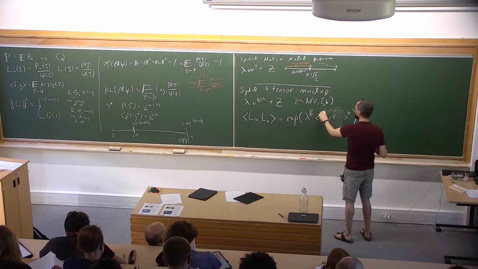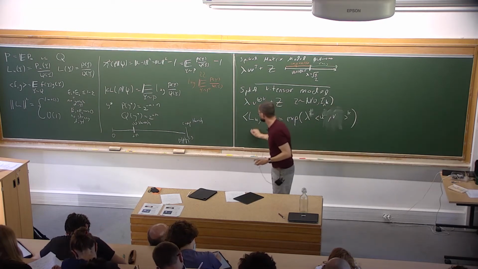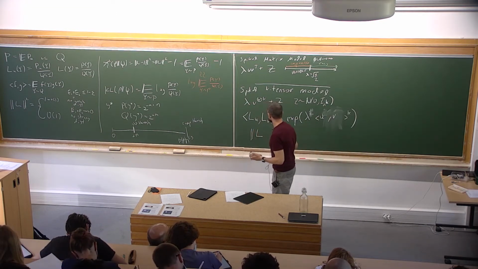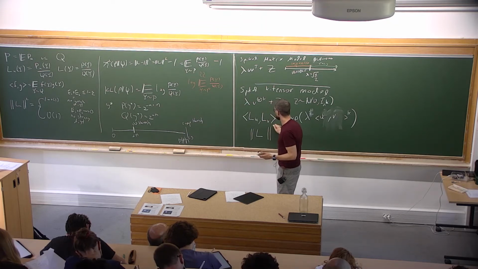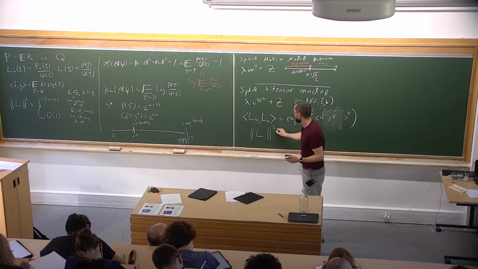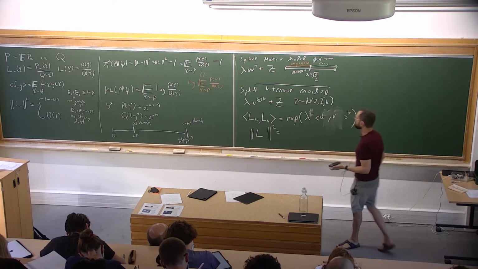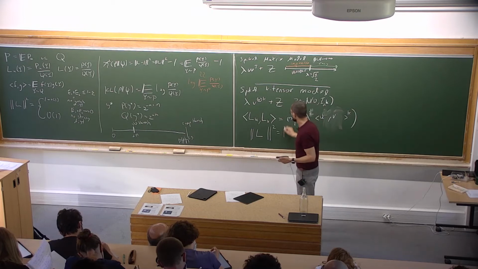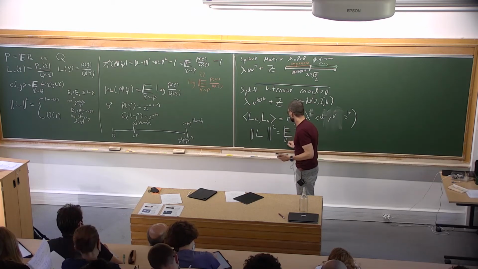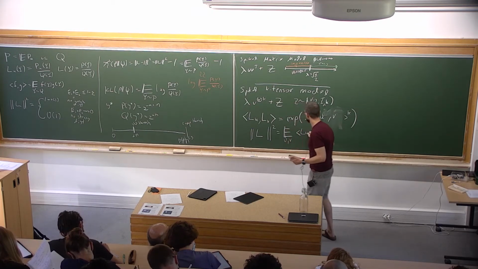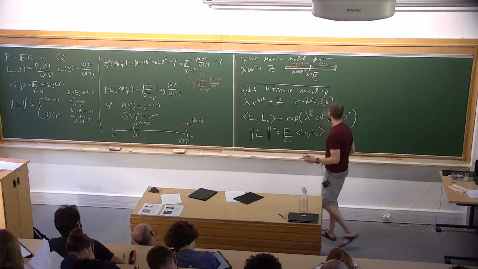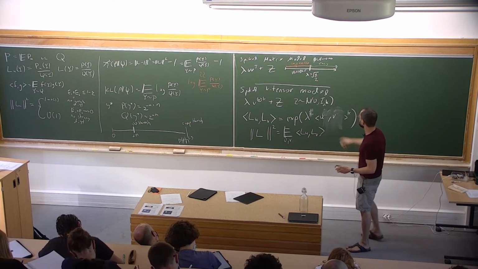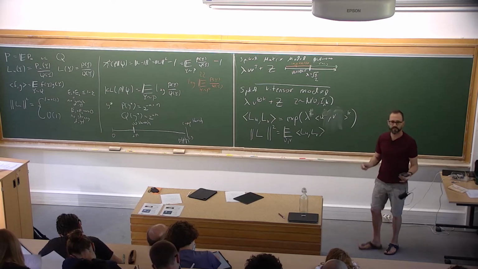So now we want to look at the norm squared of this, which is the expectation over U and V of LU LV. So the dot product of random unit vectors.